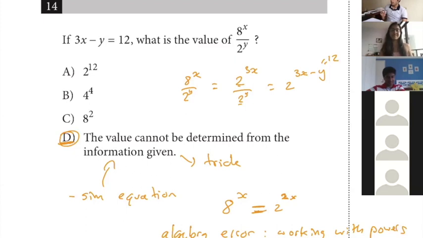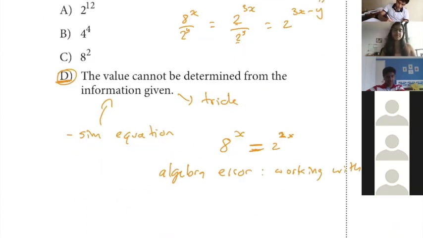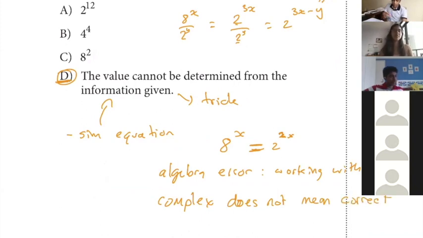So one thing I want you to note down is that complex does not mean correct. We will revisit this today. If there's an unusual option, that does not necessarily mean it's correct. Please make all your decisions based on math. Don't make your decisions based on trends. If your entire SAT paper is just C, but you have math to back it up, then be confident and go with it.